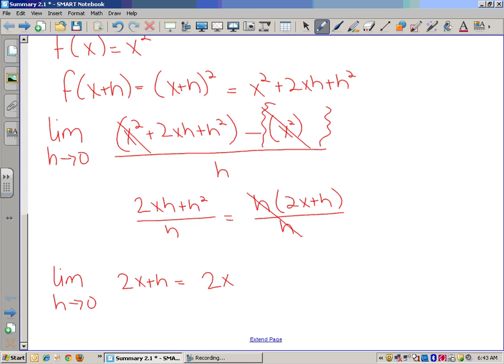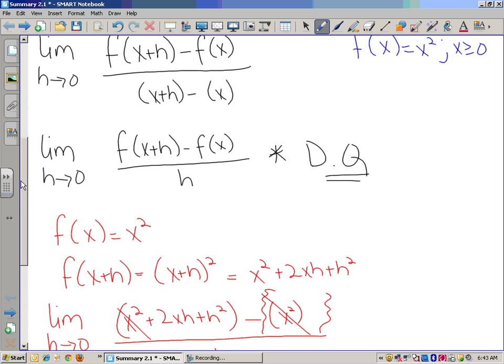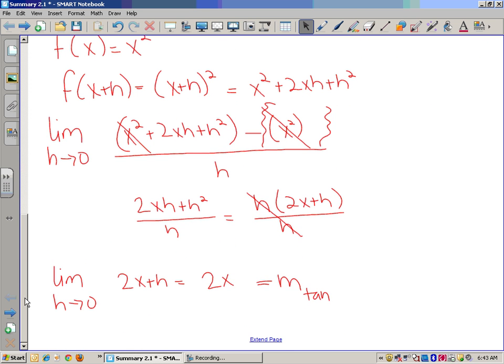Okay, your book calls this the slope of the tangent line. This is one option for the slope of the tangent line. In this case, this is the example we just did. M tangent, that's the slope of the tangent line. And now, the good news is, this right here is an equation.